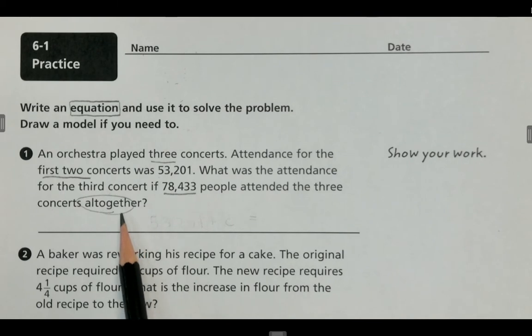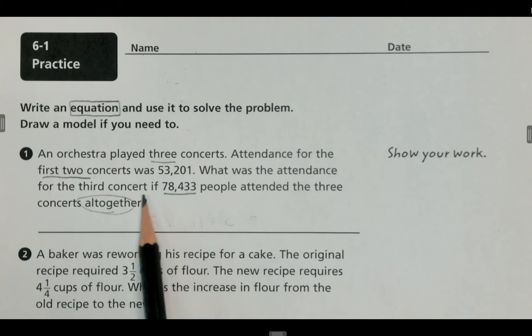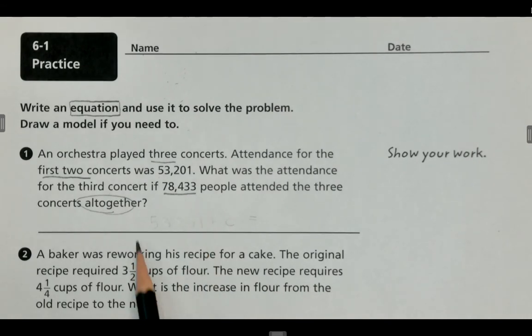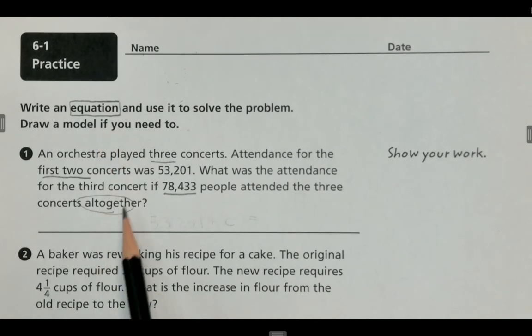So let's rewind. We've got the total for the first 2 shows. We've got the total for all 3 shows together. We're trying to use these clues to figure out how many went to the 3rd show on its own. So when I talk equations, remember, I'm talking about an expression where you have an equal sign.